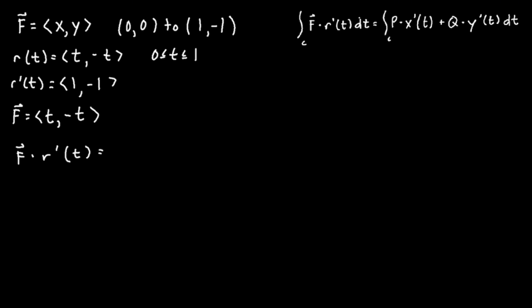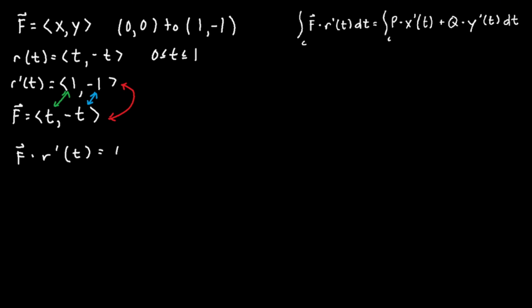And this is equal to the dot product between this guy and this guy. So all we do is multiply t with the first component, and we multiply negative t with the second component of our parameterization. So just their corresponding xy components.